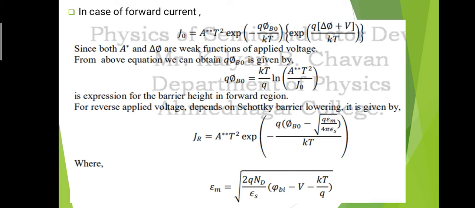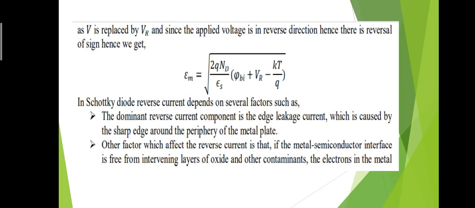So in the equation of the electric field at the metal semiconductor junction, we can replace V by minus VR. So we get the equation: epsilon m is equal to under root 2q Nd divided by epsilon s, in bracket phi bi.